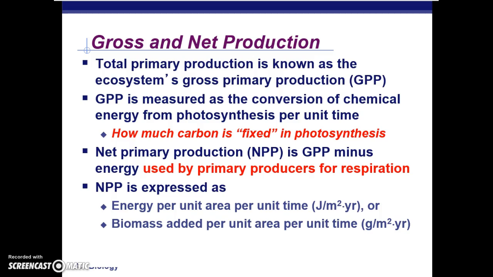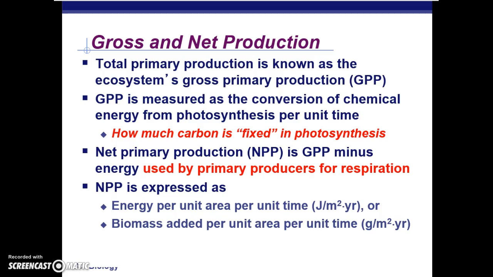So when we talk about primary production, there's a few things I want to make sure you understand about the terminology. So again, primary production is the amount of light energy that gets converted to chemical energy through photosynthesis or chemosynthesis, basically being made by autotrophs during a given time period.